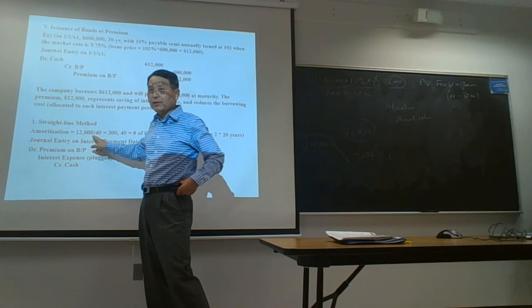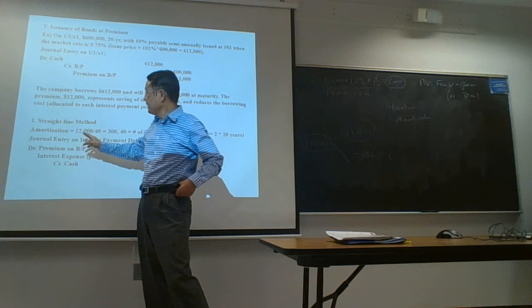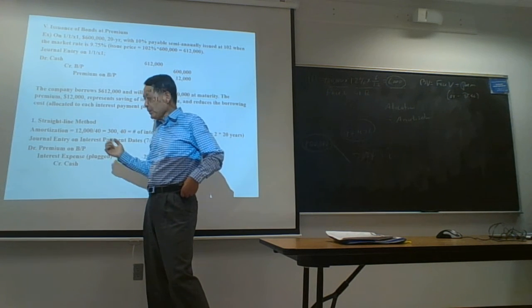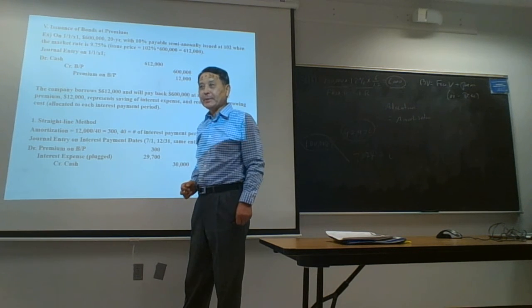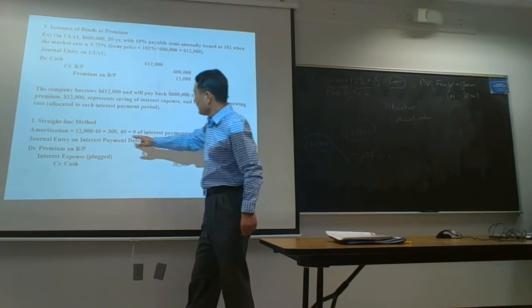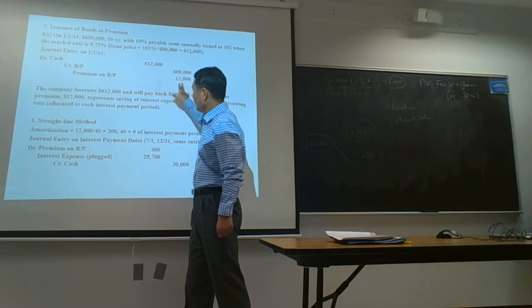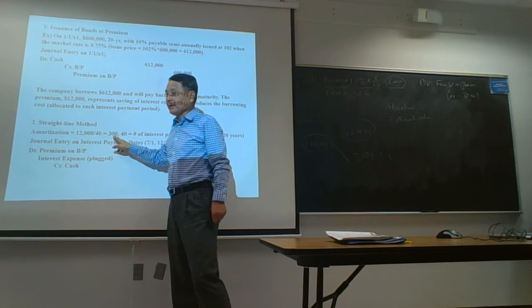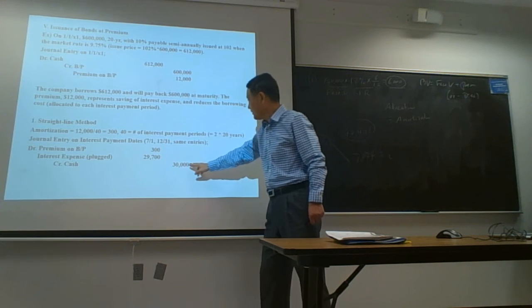Why 40? This is a 20-year bond, so a total of 40 payments. So the semi-annual, or 6 months, amortization of premium is $300. And the 6 months interest payment is $30,000.